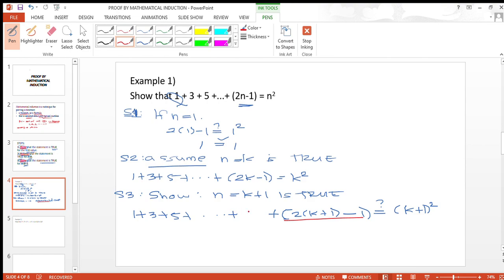They are consecutive numbers in our set. So if this is for n equals k plus 1, the entry here is for n equals k. If n is equal to k, we get 2k minus 1. Where did I get that? It came from this one. This is if n is equal to k, then n equals k plus 1.